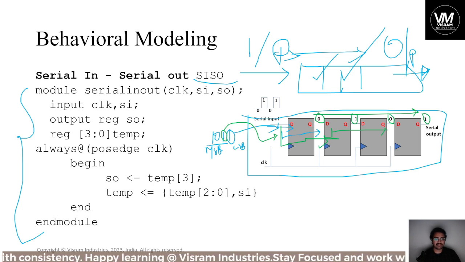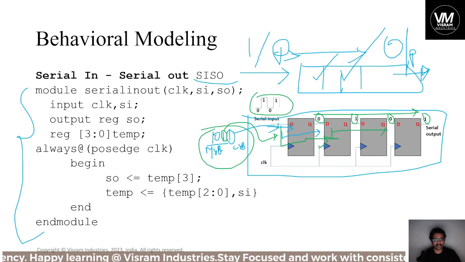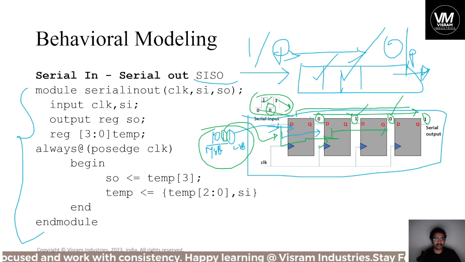Here, 0 and 1, 0 and 1 is the data. So how is it going? 1 will be coming here and it will go in a sequence. Then 0 will be followed, and 1 will be followed, and 0 will be followed. So serial input is in a sequence. Hence the delay is counted in this way.